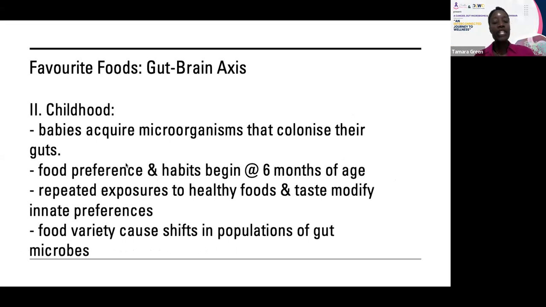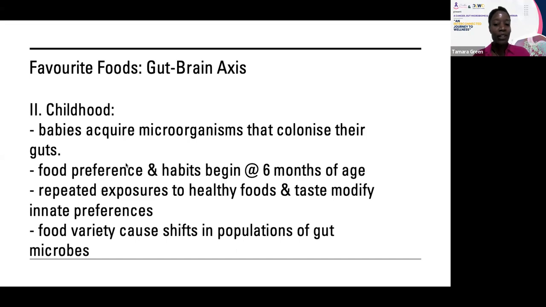Now, as we continue to age and the baby is birthed, the microorganisms that colonize the gut come from the breast milk. Neurologically, at age 6 months, the babies are starting to develop food preferences. They're starting to develop food habits.